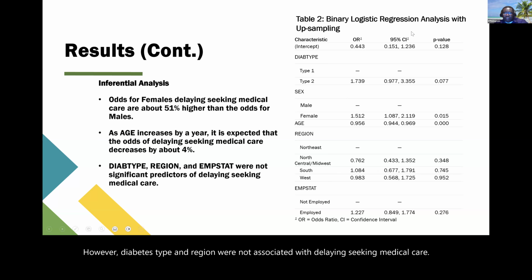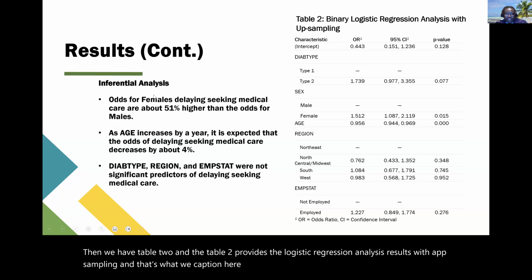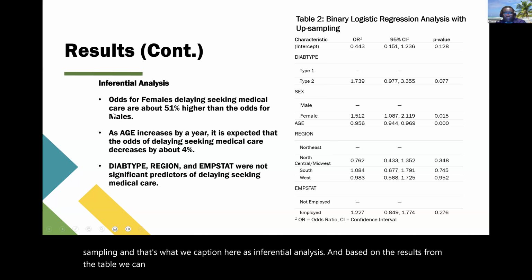Then we have table 2, and table 2 provides the logistic regression analysis results with upsampling. That's what we caption here as inferential analysis. Based on the results from the table, we can see that the odds for females delaying seeking medical care are about 51% higher than the odds for males.